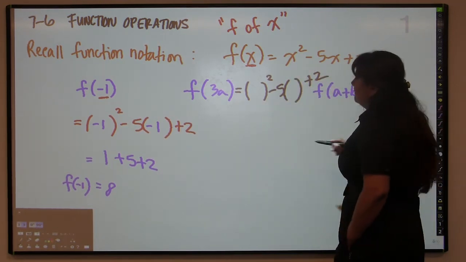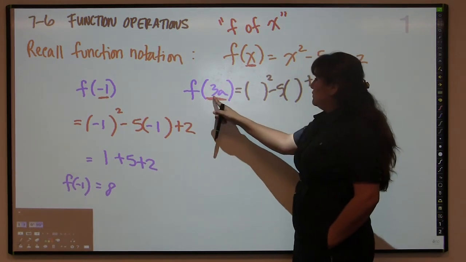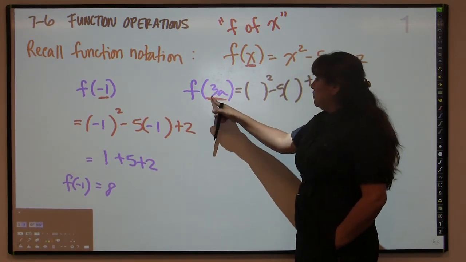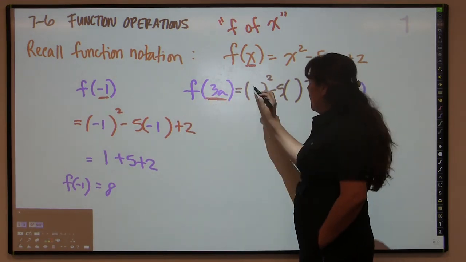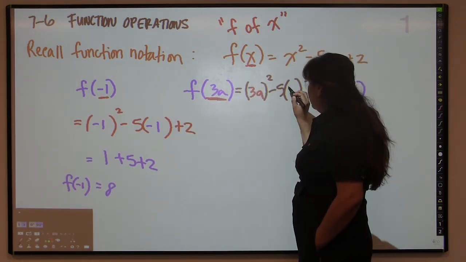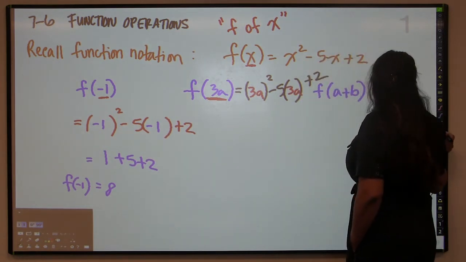And this time, the x variable is 3a. So just because there's two things, that doesn't mean anything different. I don't do anything differently than I did in the previous example. I replace the x with a 3a.